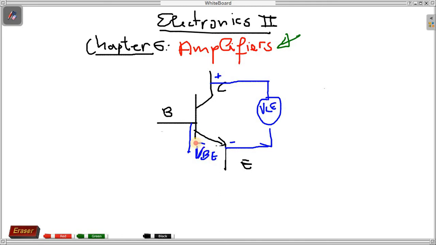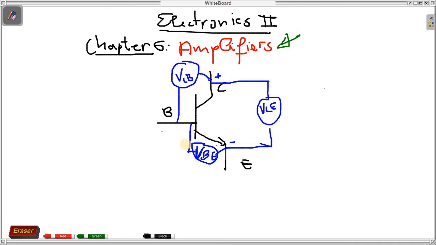Base emitter voltage, from here to here. We have another voltage that we measure from here to here, which is VCB, that we measure from here to here.